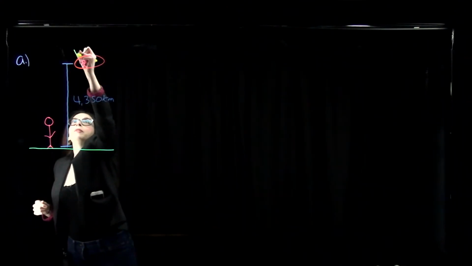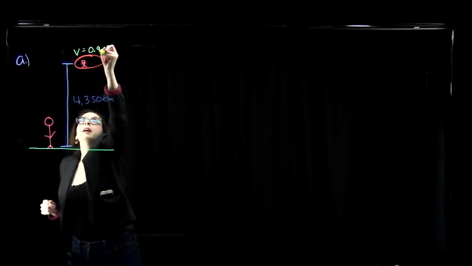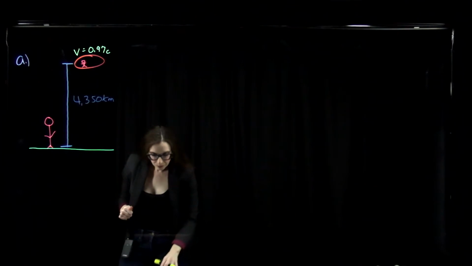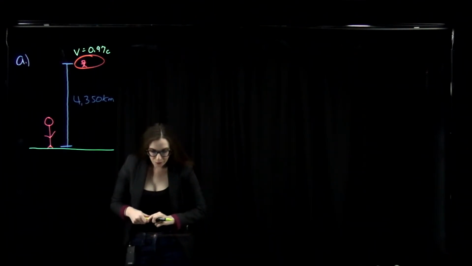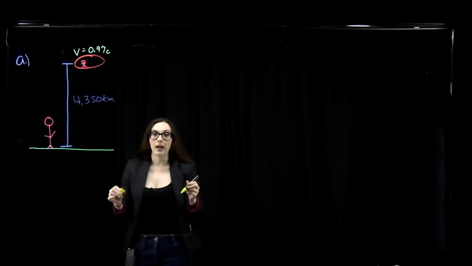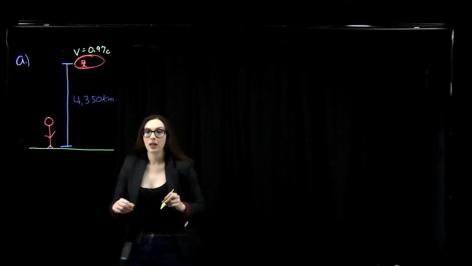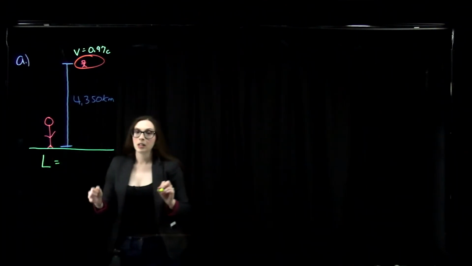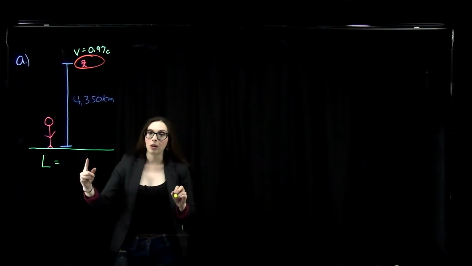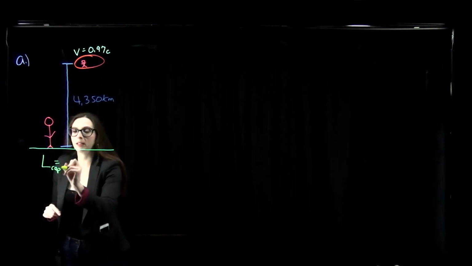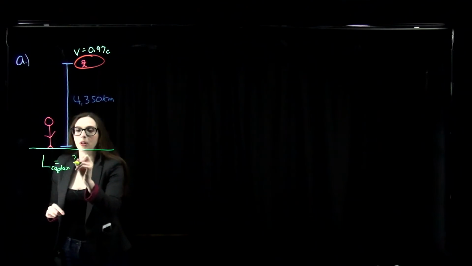So my spacecraft is moving with a speed of 0.97 c toward the Earth. What is the distance from the spaceship to the Earth as measured by the spaceship's captain? So we're going to be looking for this distance from the ship to the Earth as measured by the captain. I'll call that L captain equals question mark.